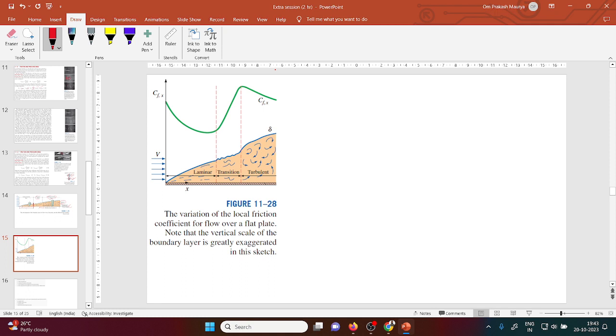In the transition region, your drag coefficient is increasing, but on entering the turbulent region, your drag coefficient is decreasing. Right, sir. In the transition your drag coefficient is increasing, but in the turbulent it is decreasing, for the same flow.